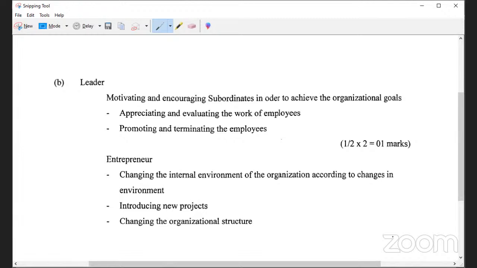We discussed earlier that a new project could include a new product, or new market, or new method, new production process, right? You try to do a change, so whatever the change, it will have a good impact on the business, or maybe you change the structure, right, correct.